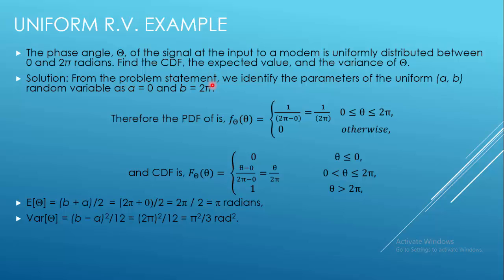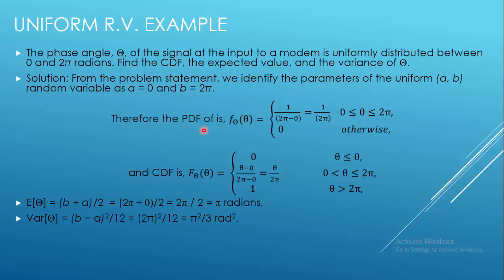From the problem statement, we identify the parameters of the uniform random variable as a equal to 0 and b equal to 2 pi, because the input values are 0 to 2 pi radians. We have to find the probability of the phase angle of a signal received by the modem.